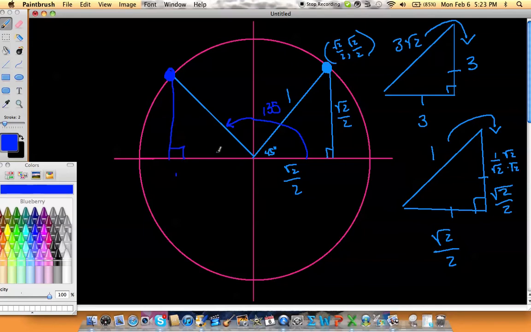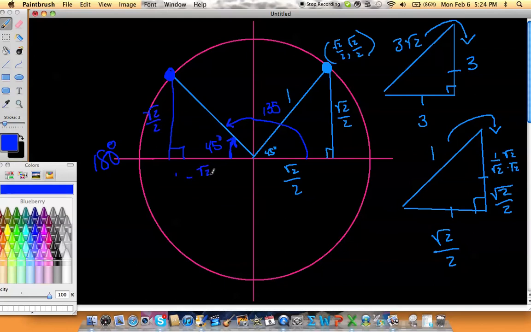So in order to do that, I make another triangle, but the same thing is true. This angle here, because it's 135 degrees, and this line represents 180 degrees, it's 45 degrees coming up this way. So that's why we call this the reference angle, because it makes the same triangle as the 45 in quadrant 1. So this is still root 2 over 2.